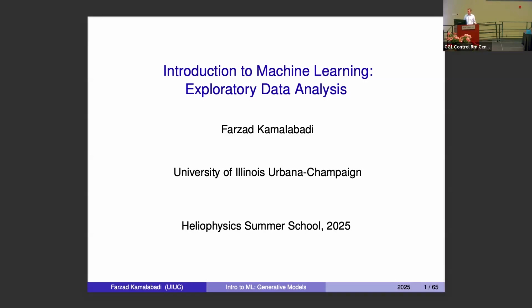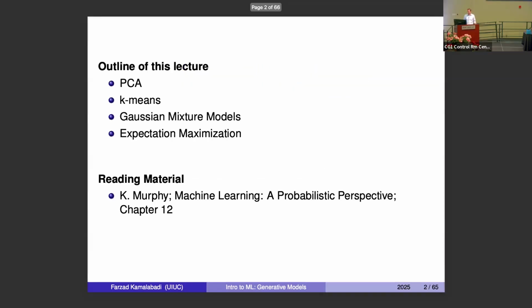So the topics that I want to talk about are primarily the notion of principal component analysis. The same ideas have existed in different communities under related names, Karhunen-Loève transform and variations on that theme.